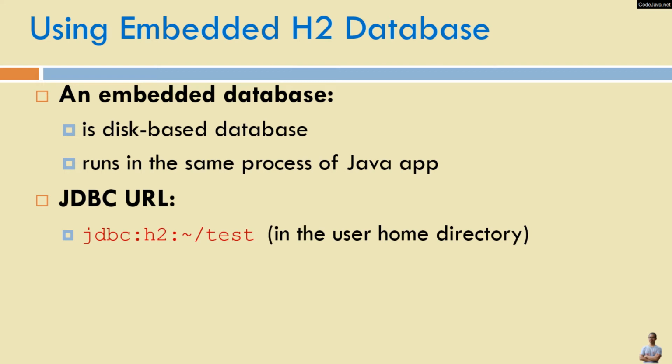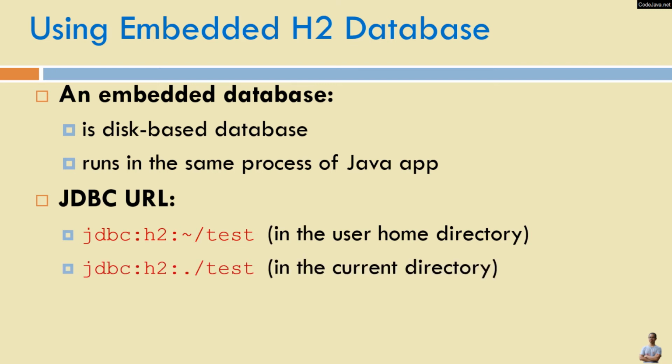You see the first one is jdbc:h2:~/test. This is the JDBC URL that will create an embedded database named test in the user home directory. You can see the tilde character indicates the user home directory.